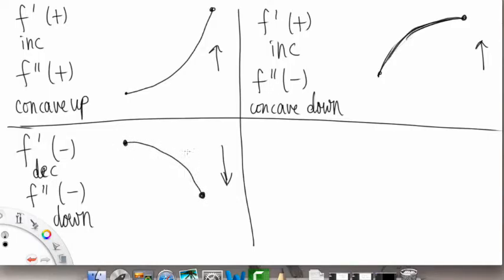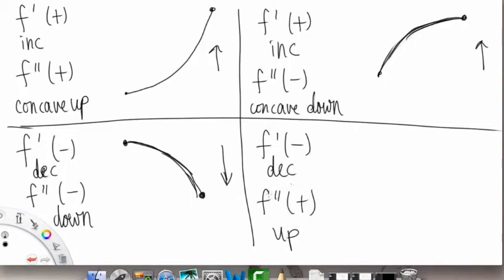The last case is if our first derivative is again negative, so we're decreasing, but our second derivative is positive. So we're concave up again, like a cup. Our function's going down, but we're concave up.